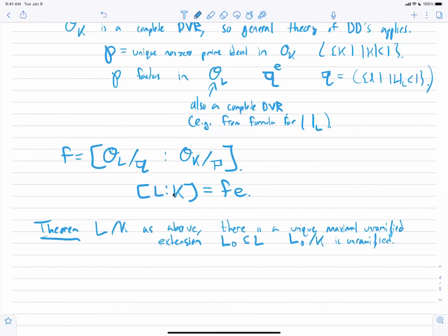Let me say out loud how you can see this. Something we've seen already, on worksheets, is that if you take the composite of unramified extensions, that's still unramified. So you just take the composite of all unramified subextensions, and that's the maximal unramified extension. And it's going to be of degree f.